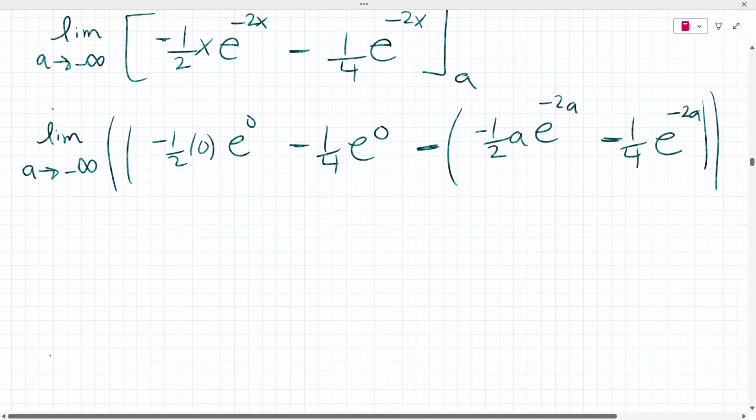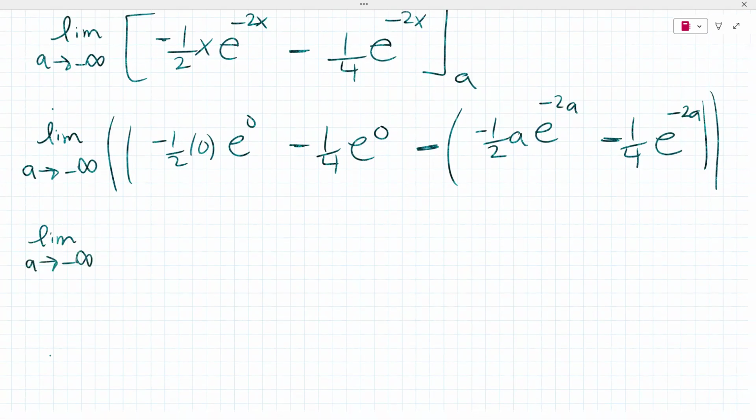Okay, so this is going to be the limit as a approaches negative infinity. And let's see, e to the 0 is 1 times 0, so that's 0, minus e to the 0 is 1 times negative 1/4 is negative 1/4, minus parentheses. And then remember a is going to infinity.